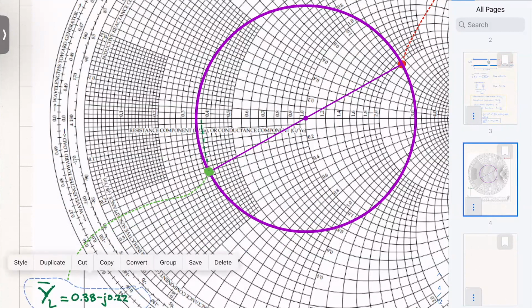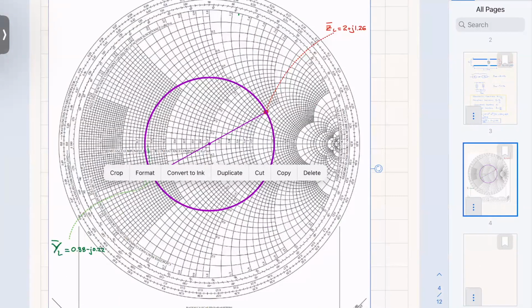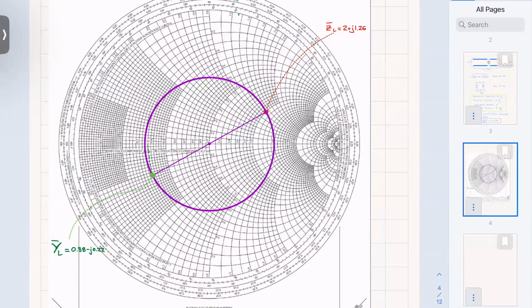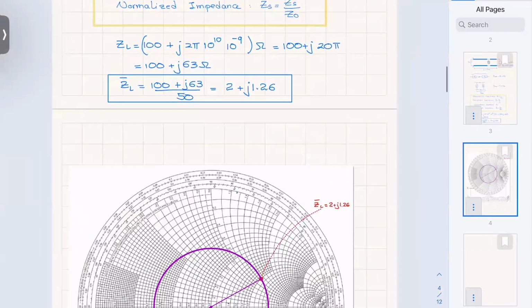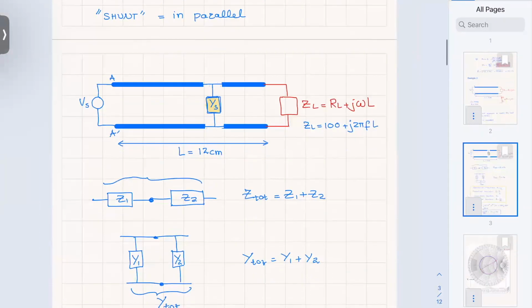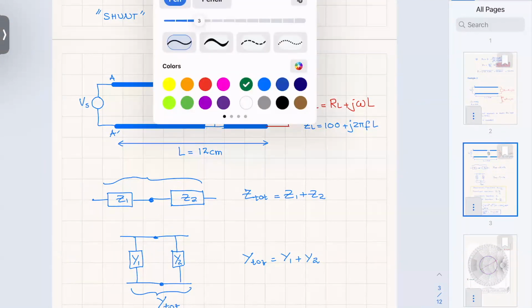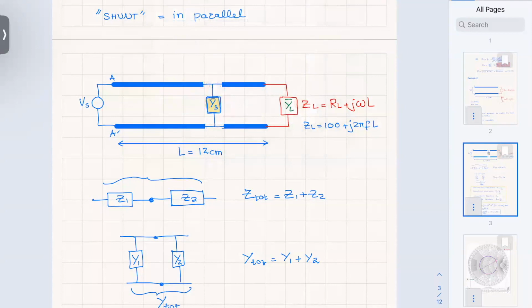Okay, so while I am on the transmission line circle, I'm looking at my circuit and seeing what I have done. So now I am here, I have changed my Z L into Y L. I have also normalized it, which means everything else is going to be eventually normalized.